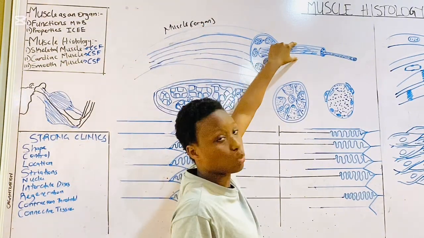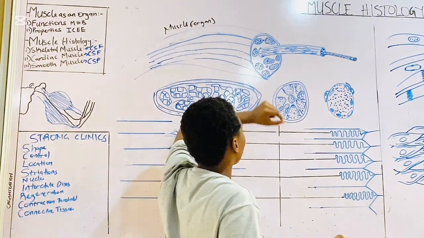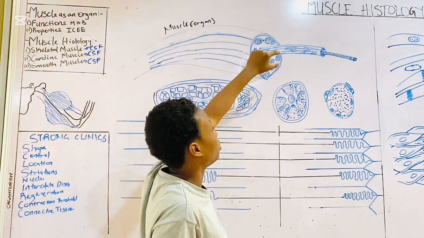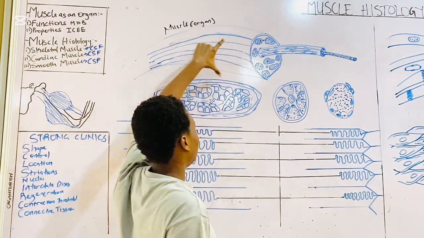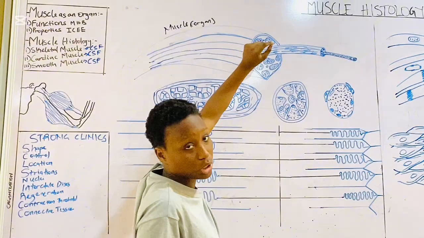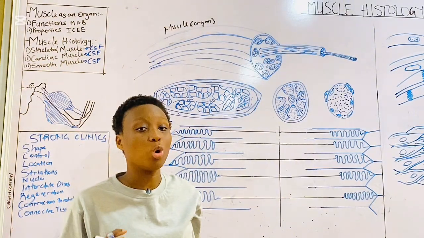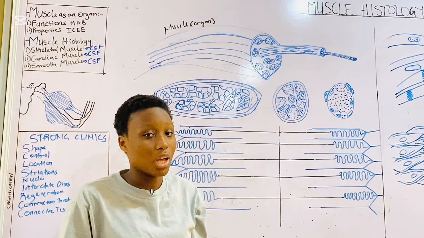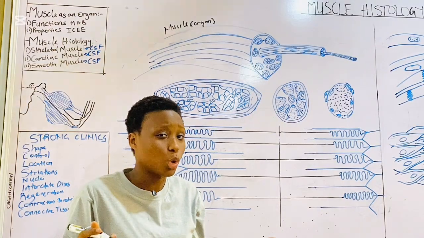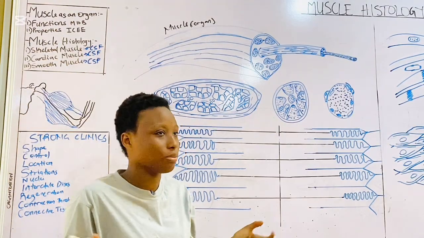This one looks like it has been brought out. You can see these little bundles inside this organ. Now, these little things are actually called muscle fascicles. It's called a muscle fascicle because it is a bundle of cells. And what is a bundle of cells, or what contains cells? Tissue.